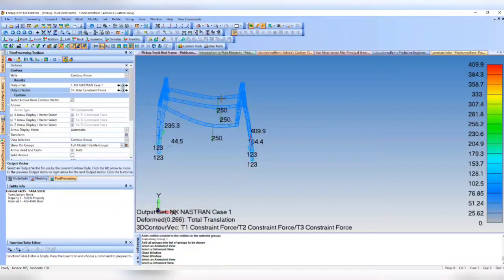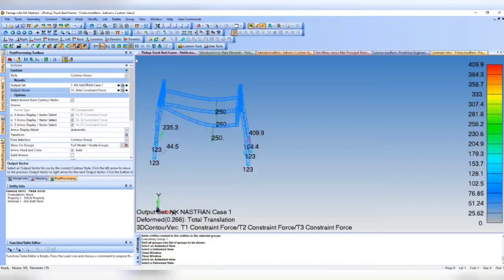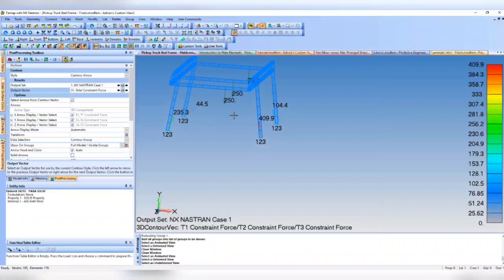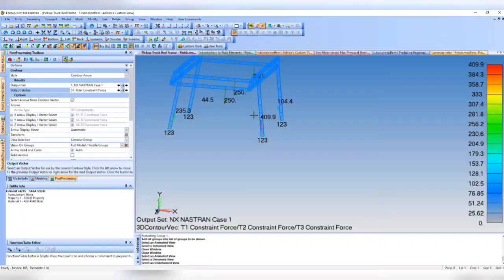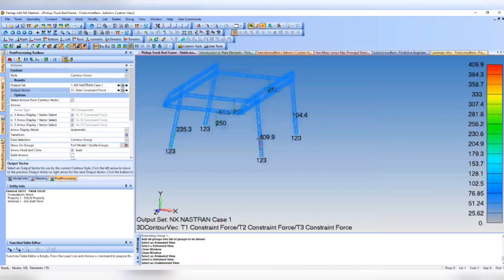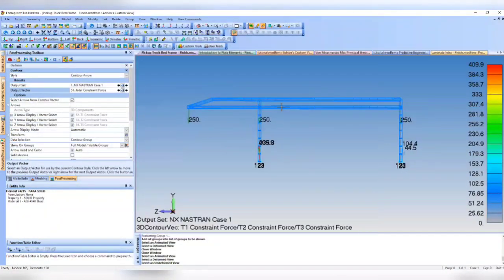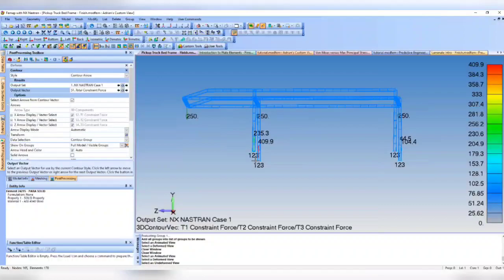It's sort of biased towards the right, if you guys can see that. It's biased towards this end here. So that's the main reason why you're seeing higher loads at this point versus this point. And also, if you look at it from this angle, most of the load is biased towards the front. So of course, then most of the reactionary loads are going to be at the front boundary conditions.